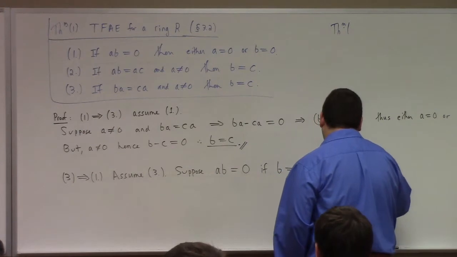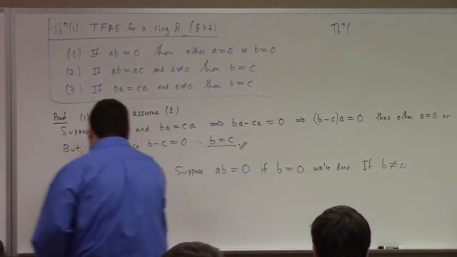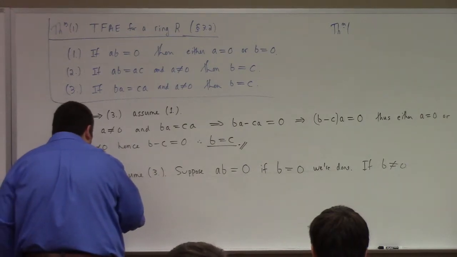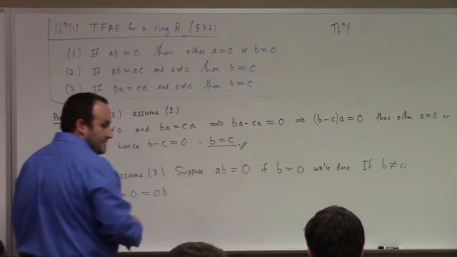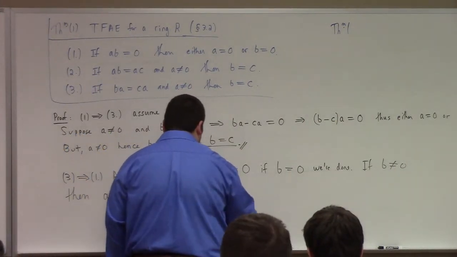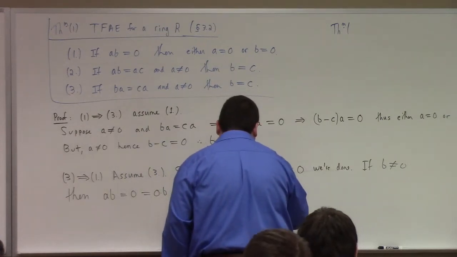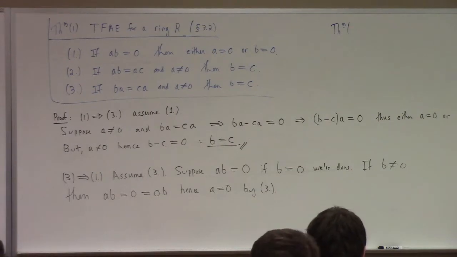If B is not equal to 0, then AB equals 0 equals 0 times B. Hence, A is equal to 0 by 3. And that shows that either A or B is 0. Very good.